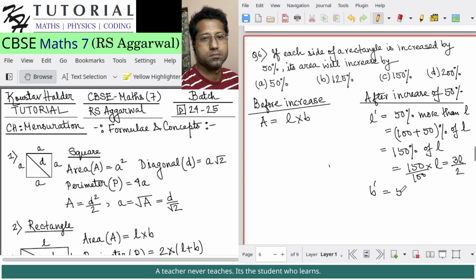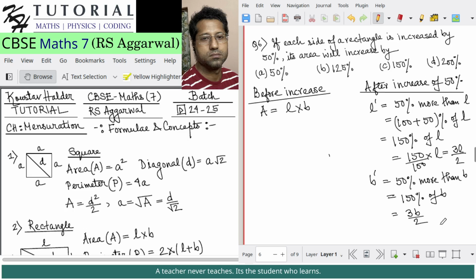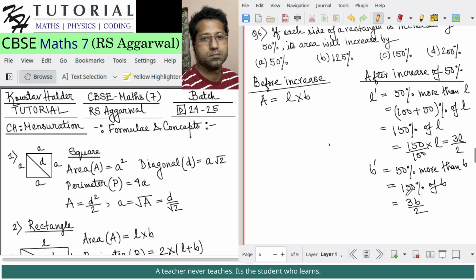So this will be 50% more than B. And similar to the increase of length, B dash will also be equal to 150% of B, which is equal to 3B by 2.